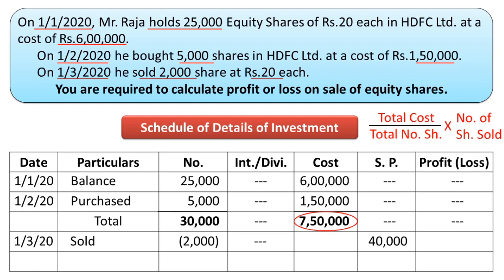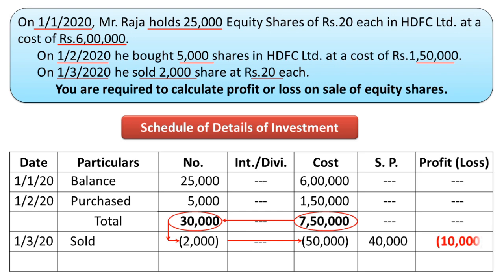So 7,50,000 divided by total number of shares 30,000 multiplied by number of shares sold 2,000. So the answer is 50,000. It means in this transaction the cost of sale is 50,000 and the selling price is 40,000. It means we have incurred a loss of rupees 10,000.